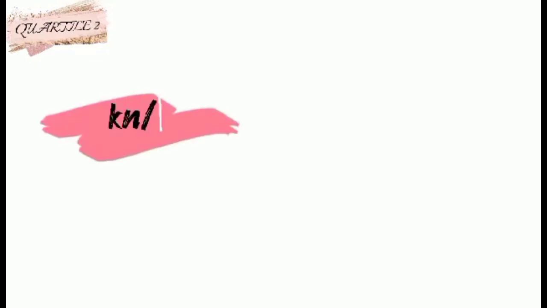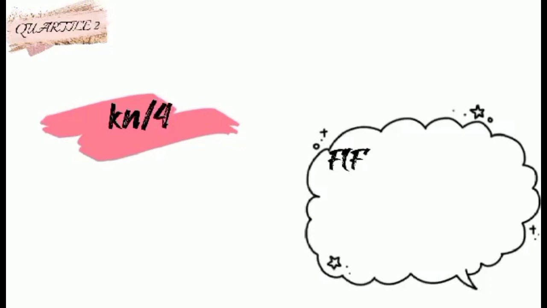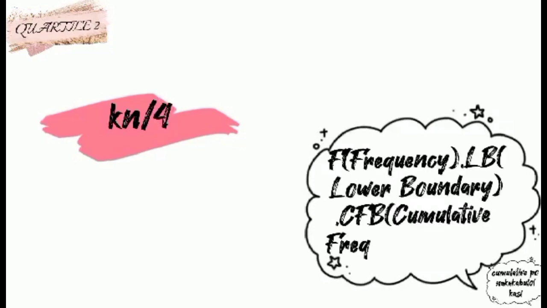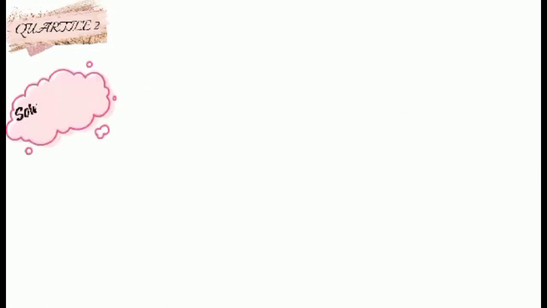But first, let us get our kN over 4. So, we will get our frequency, lower boundary, and cumulative frequency. Now, this is the solving process in getting our kN over 4.